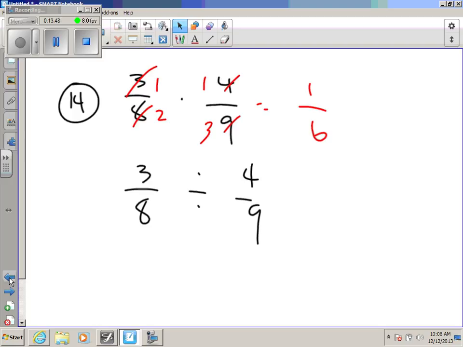Okay? Can I just divide going across? 3 divided by 4, does that work? 8 divided by 9? That doesn't work. See, division doesn't work the same way as multiplication does. I can't just divide any two numbers that I want to, just because they're there. All right? So that's why we have to flip. And then if we flip, then I switch it to multiplication, and then I'm back to multiplying any two numbers I want.